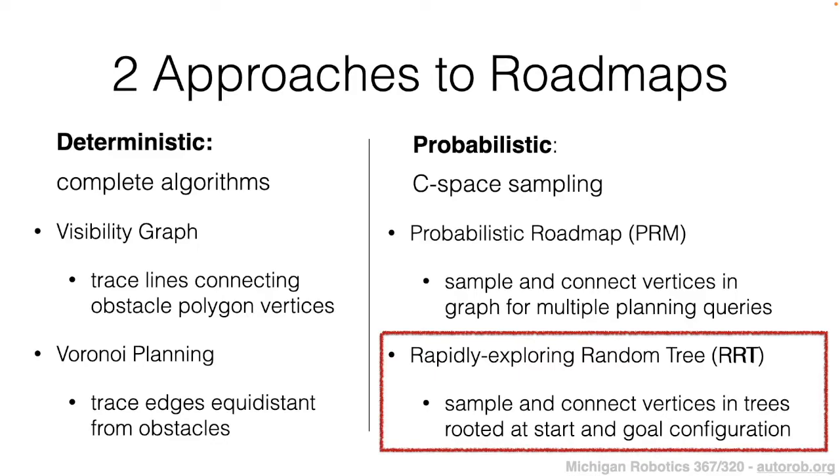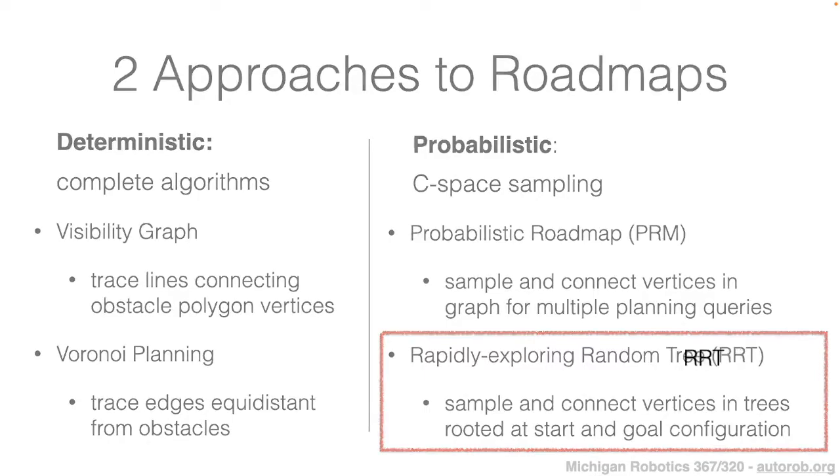So at a high level, what this algorithm is going to do is first sample and connect vertices within a tree data structure where the tree is rooted at the start or potentially the goal configuration. And based on that tree being constructed, it will then use the final state of the tree as the roadmap for the purposes of planning.